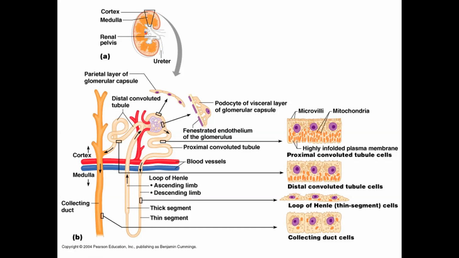All right, so if we look at the proximal convoluted tubule, the lining facing the lumen here, we mentioned this last time. This is a review, okay? It's simple cuboidal cells. The nuclei are closer to the apical surface. There are many long microvilli here to increase the surface area.